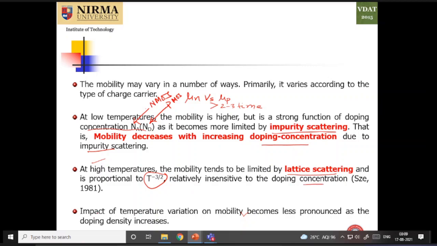Impact of temperature variation on mobility becomes less pronounced as doping density increases. These are the various statements regarding mobility, doping concentration, and temperature, and how they are affected at different temperatures: impurity scattering at low temperature, and at high temperature lattice scattering dominates.